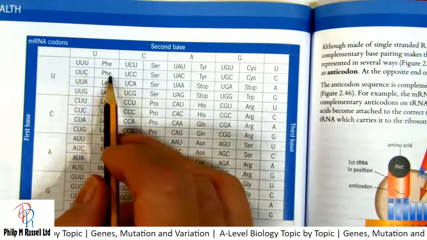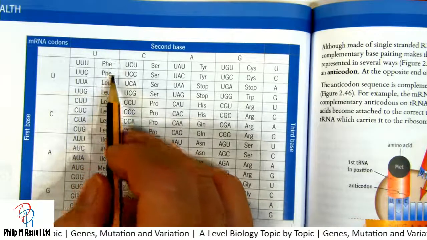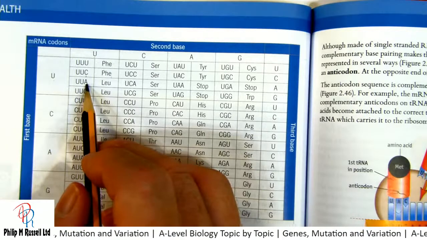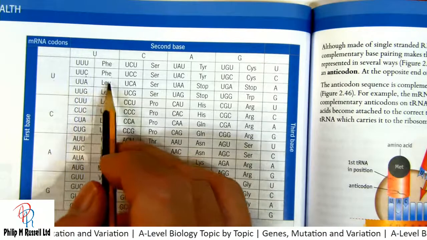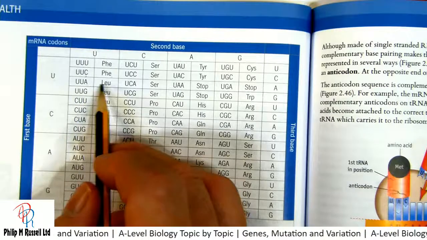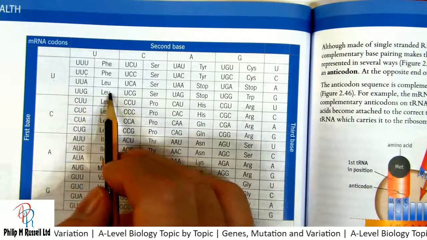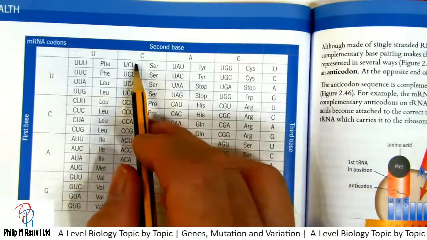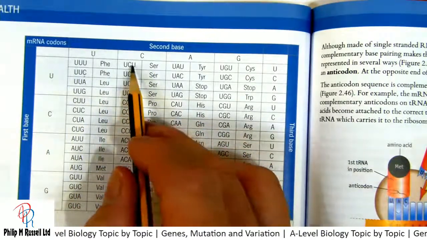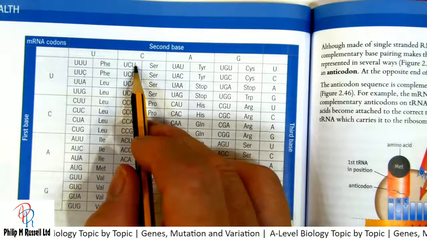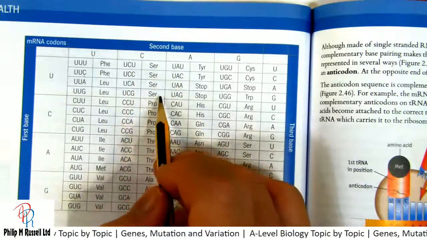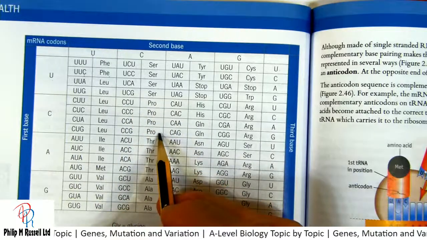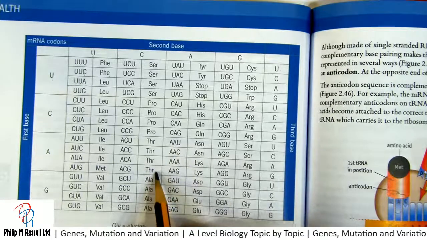I still get the same amino acid put in place. But if I were to change this last one to an A, we change it to leucine. If we change it to a G, we change it to leucine. Some of them aren't going to make any difference. Changing the last base in UC to a U, C, A or G is always serine. These are always proline. These are always threonine.